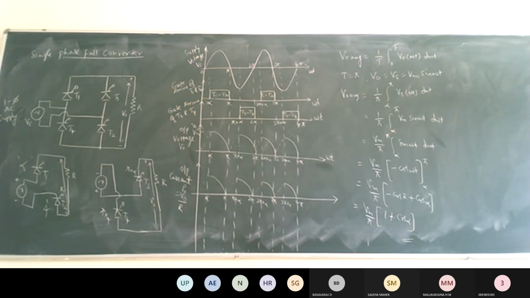Similarly, you have to calculate V naught RMS. How are you calculating? What is the general expression for V naught RMS? It is 1 by T integral from 0 to T of V naught square of omega t d omega t, to the power of half.